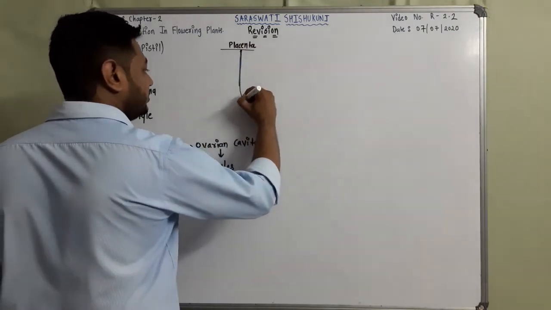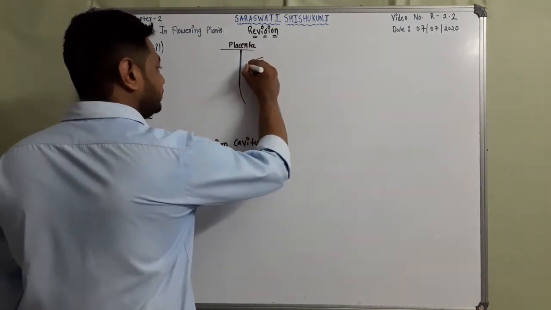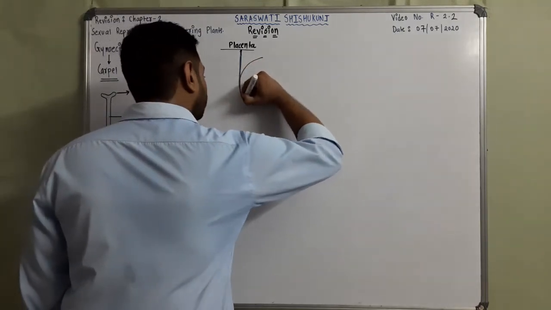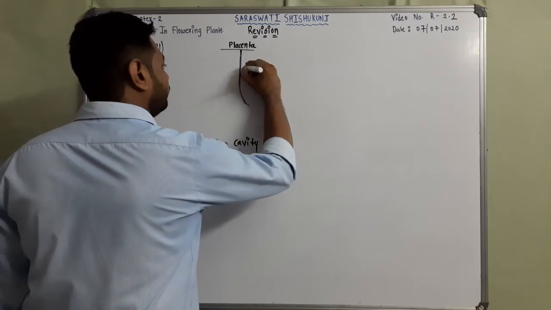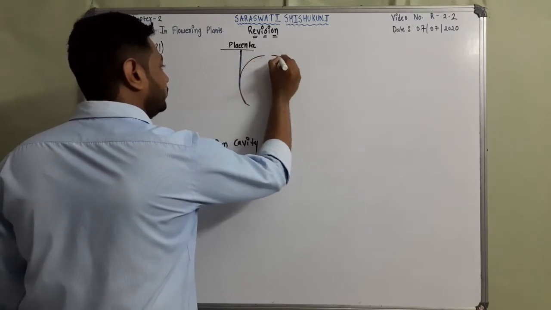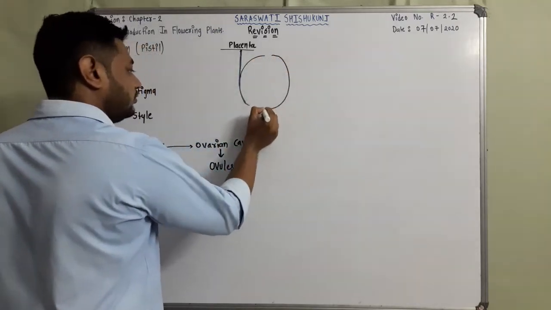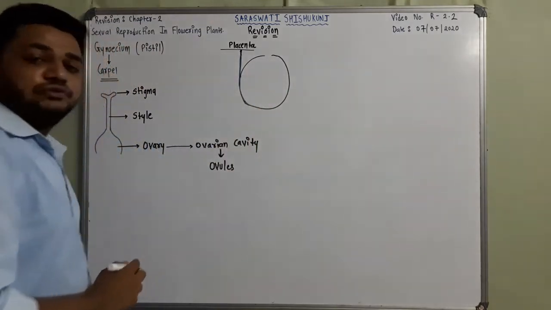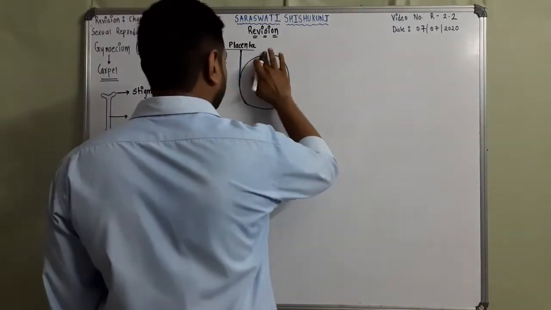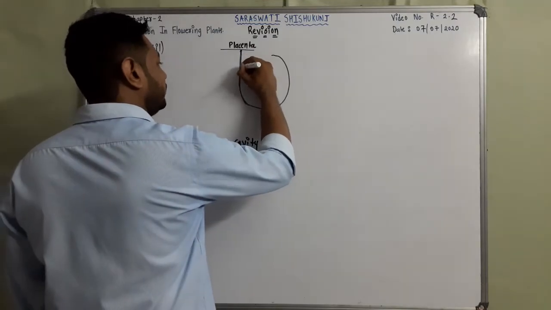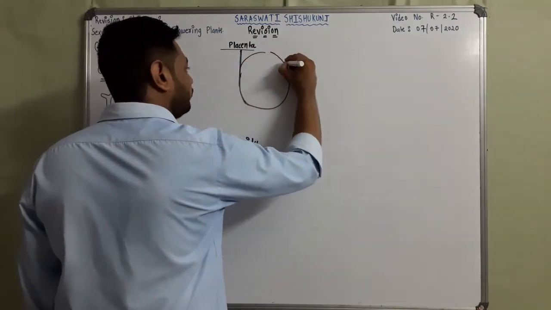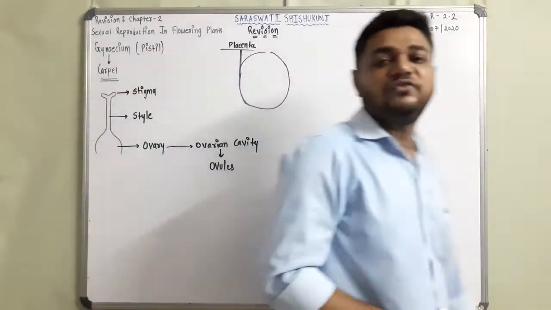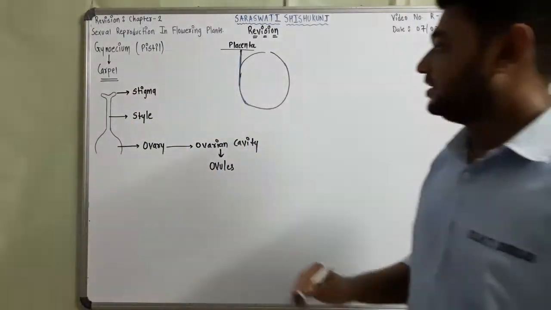So let's say this is the structure of the ovule. Ovule is covered by one or two protective coats referred to as integuments, right?